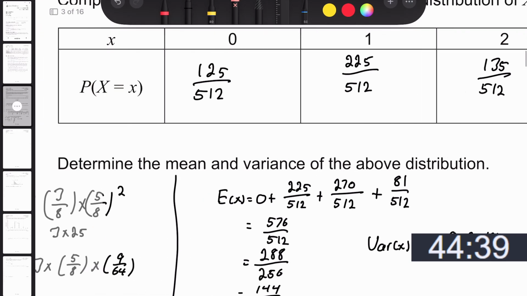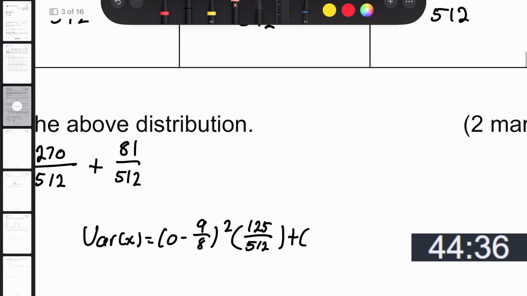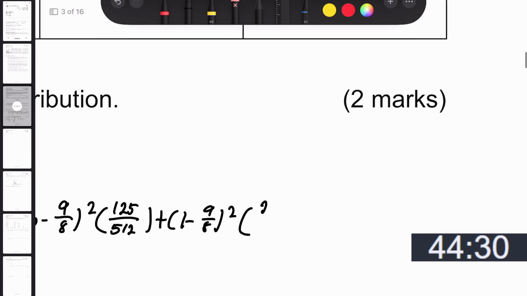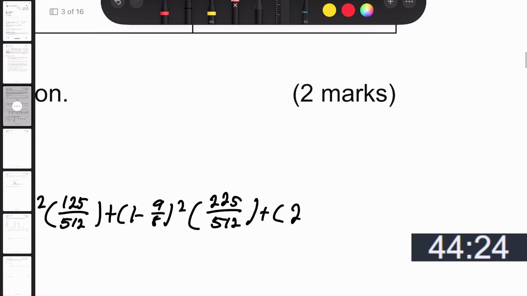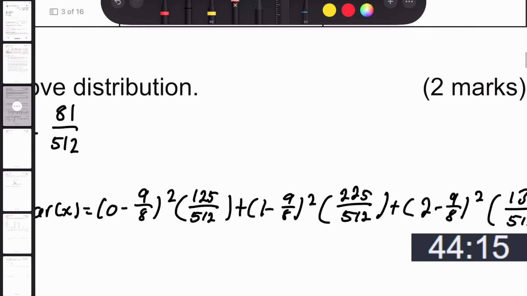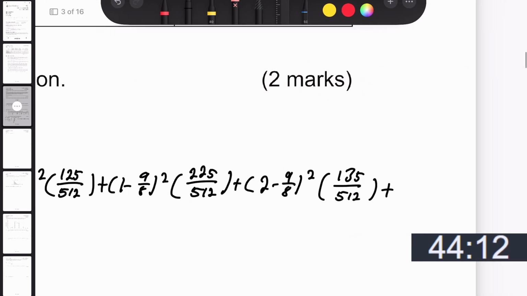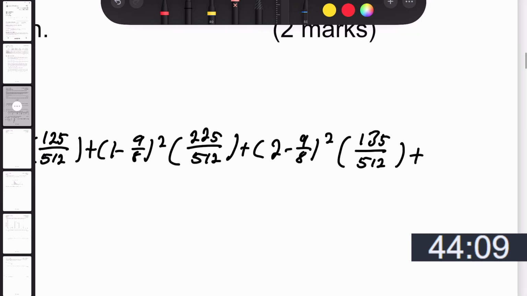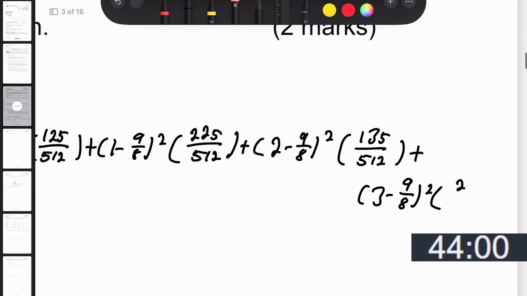What the heck? Okay, plus 1 minus 9 on 8 squared times 225 on 512, plus 2 minus 9 on 8 squared times 135 on 512. Oh god. Plus 3 minus 9 on 8 squared times 27 on 512. This cannot be 2 marks. I must be doing something wrong.